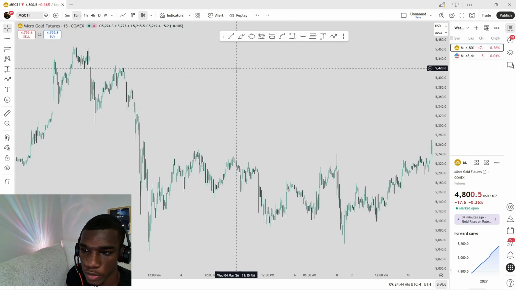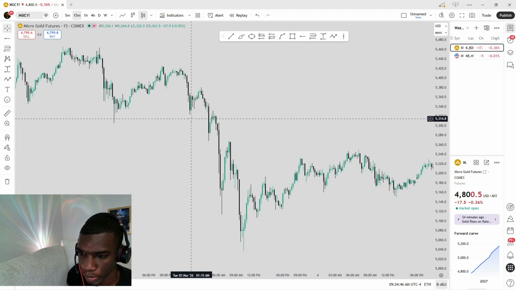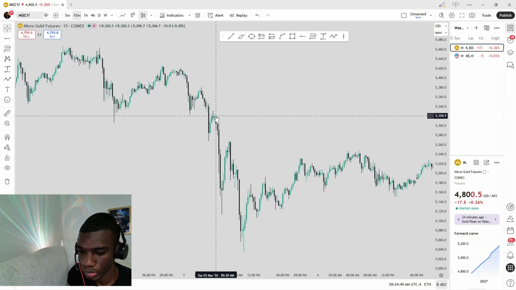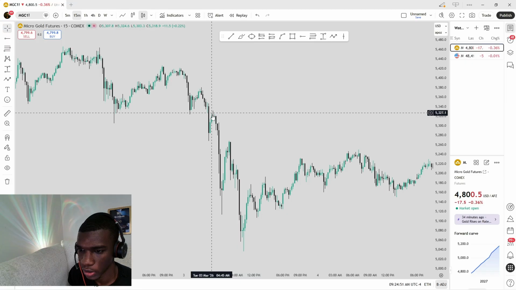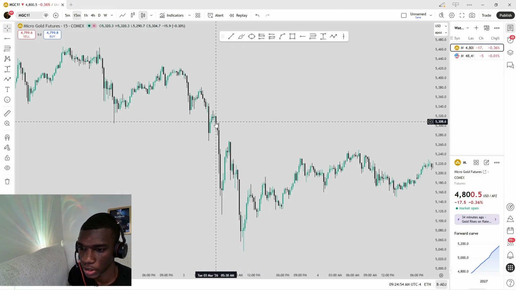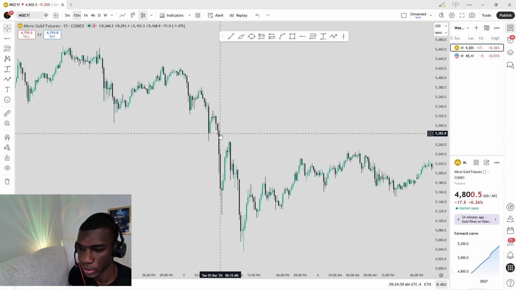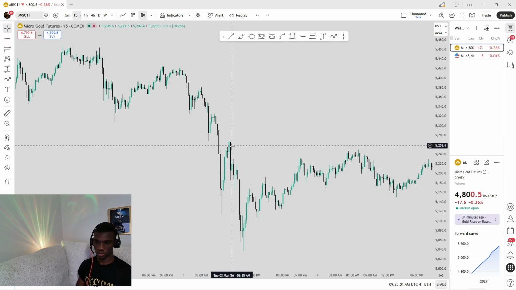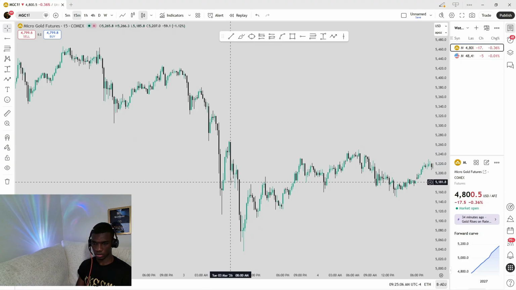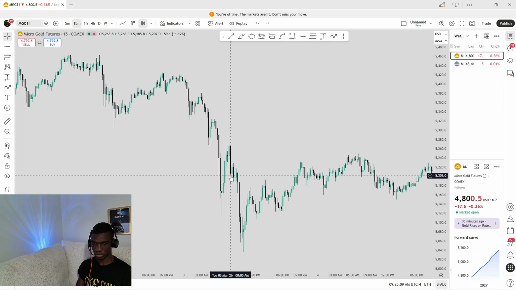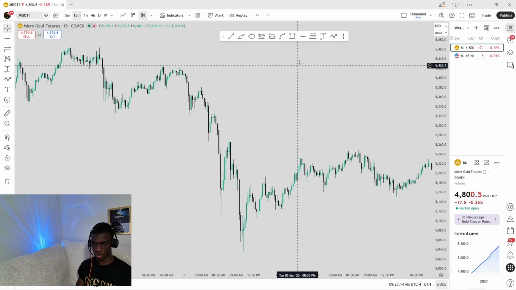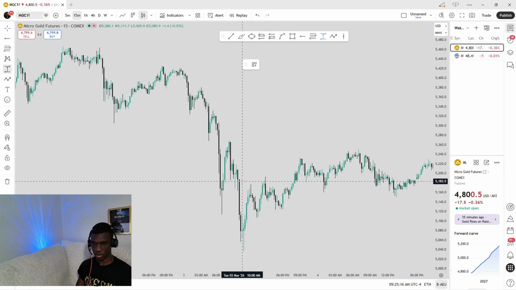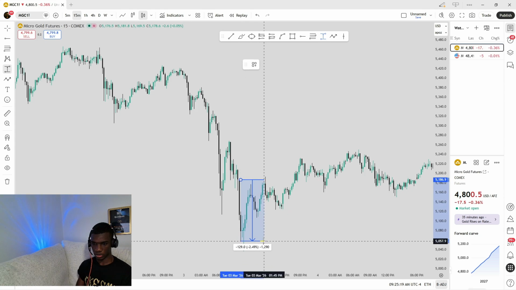That was somewhere here. Yeah, this was somewhere here, higher high. And then below this level price broke that low there. 530. Bam. And then below here, price, doo-doo-doom.